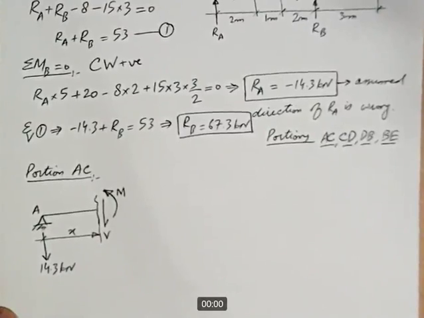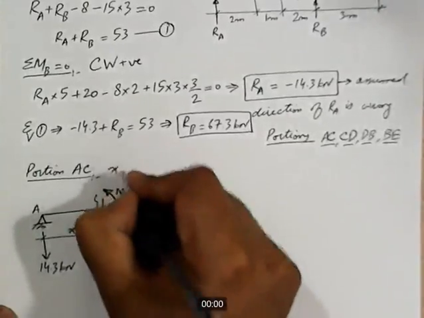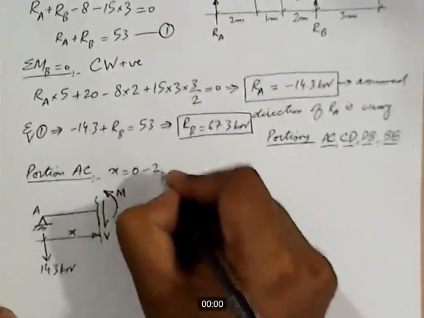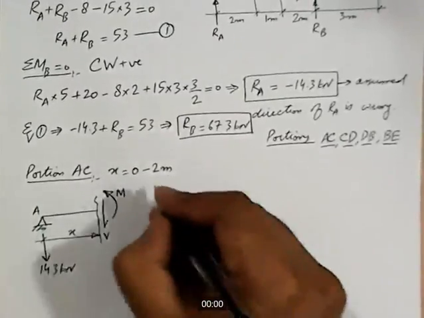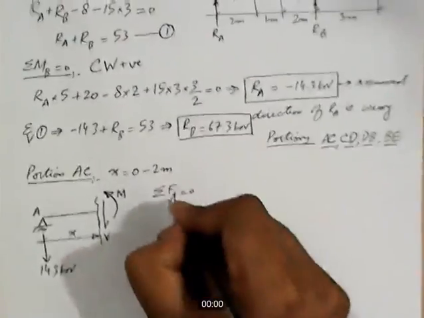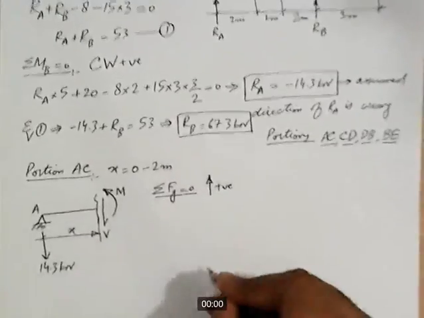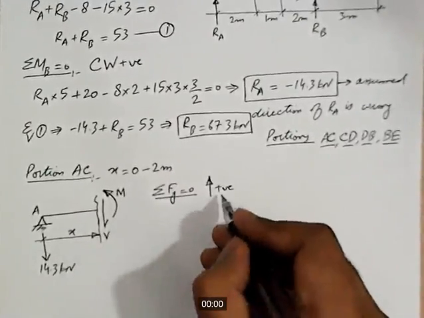Now let's write down the equations for shear and bending moment, and we also need to write down the range of X, which is from 0 to 2 meters. Let's apply the conditions of equilibrium. Sigma Fy equal to 0, and our convention will be upward forces are taken as positive. How many vertical forces are there?